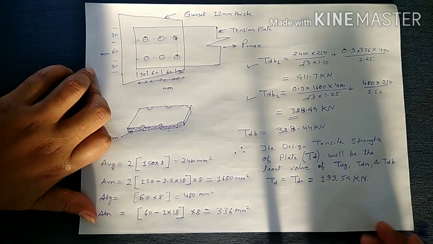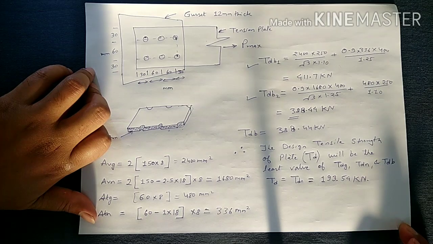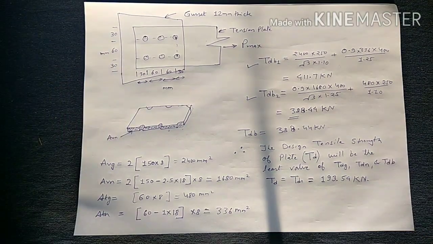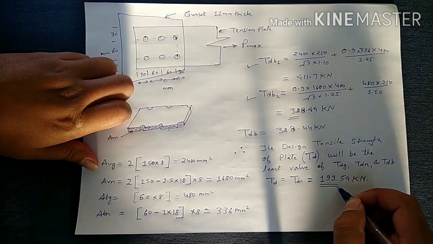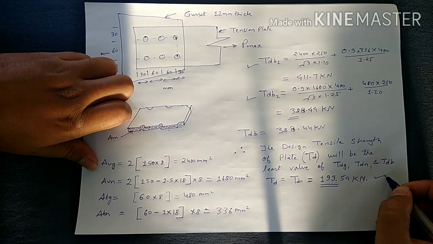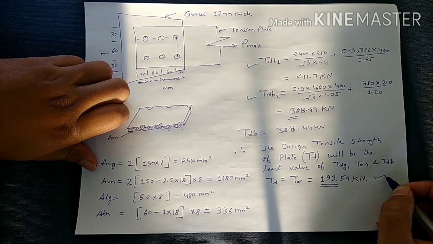Hence, the tensile strength of the plate is 193.54 kilonewton. This strength shows that if the load surpasses this, there is a high probability that the tension plate will fail in rupture.